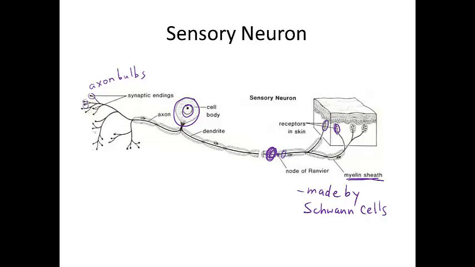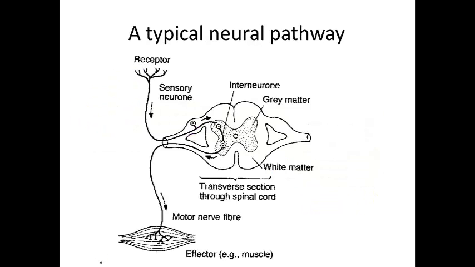Okay, and so how is this nervous signal going to be passed on to the next neuron? Here, by way of something called neurotransmitters, which we'll talk about in another video. Now, neural pathways can be fairly complicated, and there's lots of different forms, but the typical neural pathway is we have a receptor, then we have the sensory neuron, which carries the signal to an interneuron.